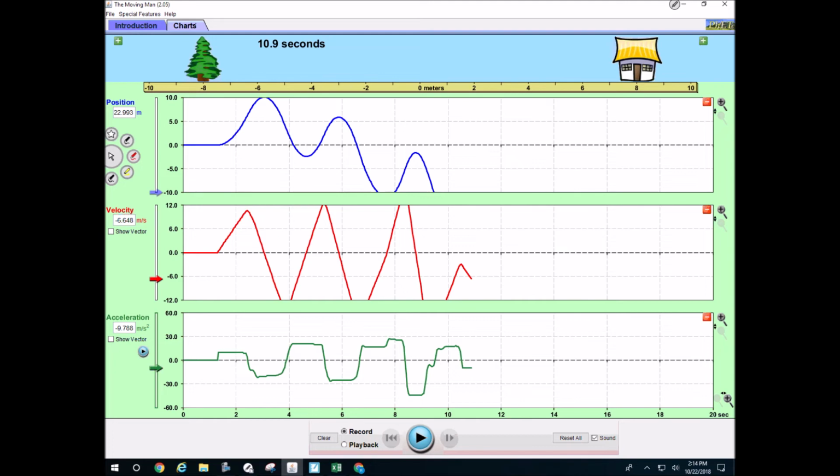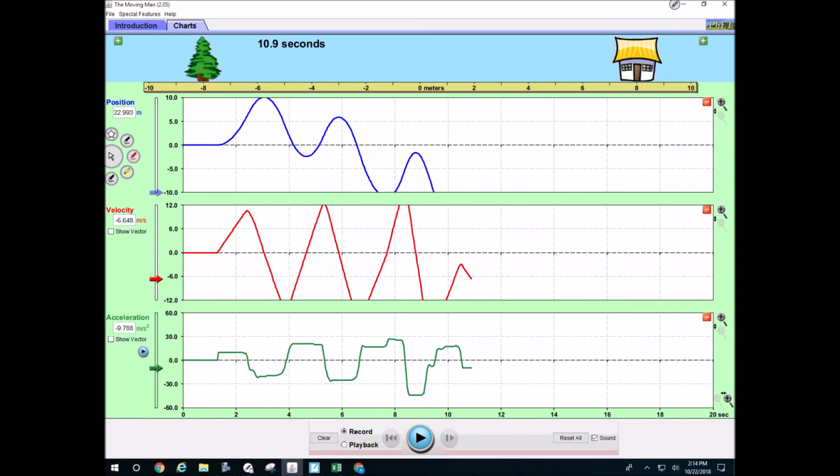Now, we can look at portions of this graph. So my guy started out at a position of 0, and then his position started moving here. So that means he was moving to the right. Now, the derivative of position, velocity. My velocity is positive when I'm moving to the right.